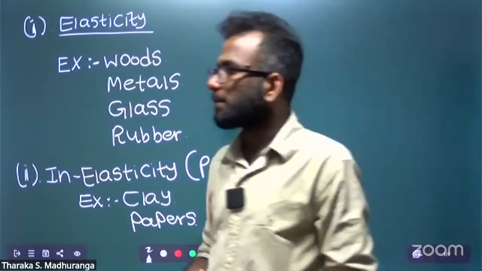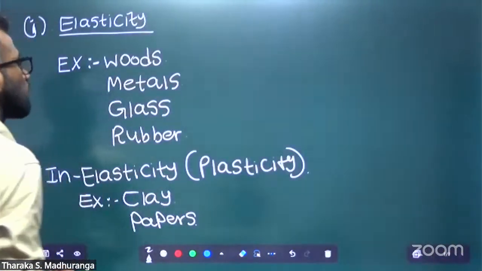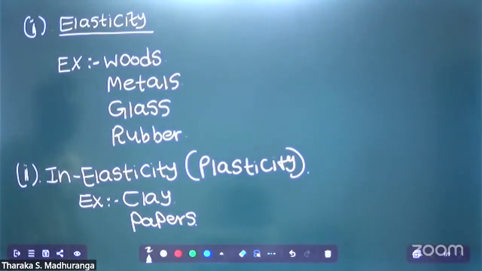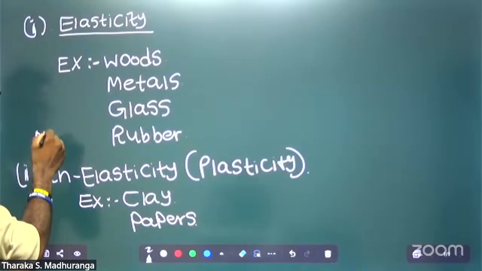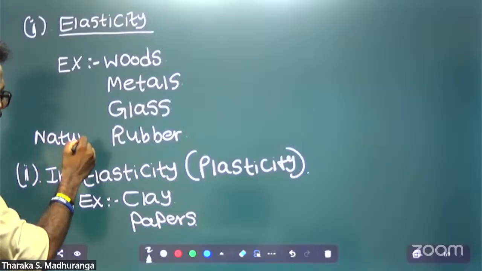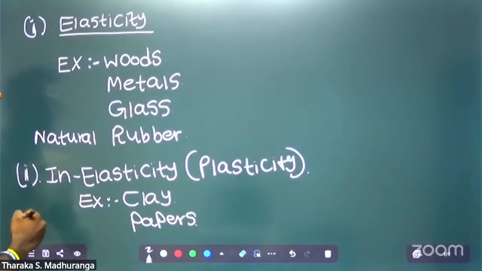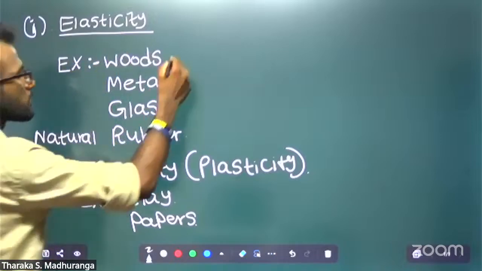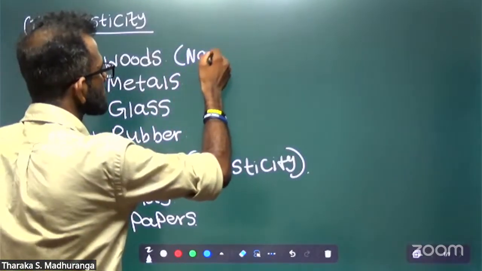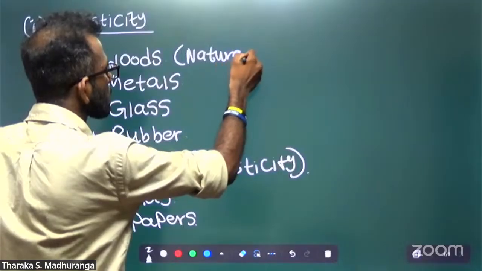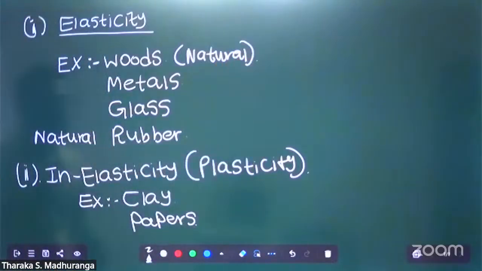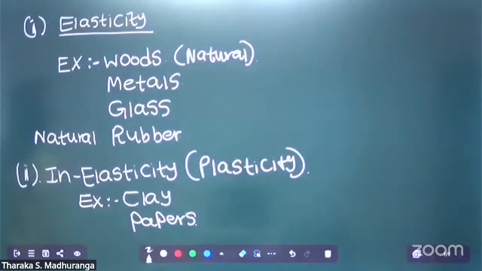Write down examples: natural woods, metals, glasses, and natural rubber.